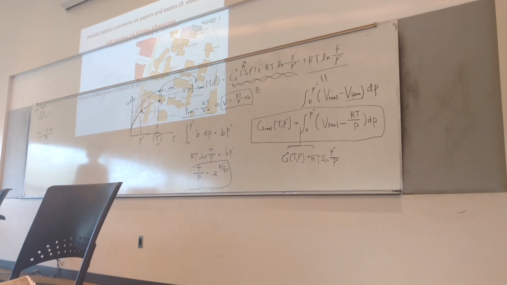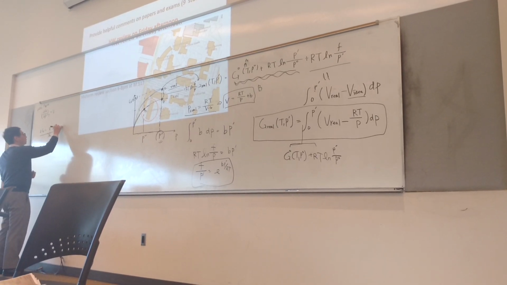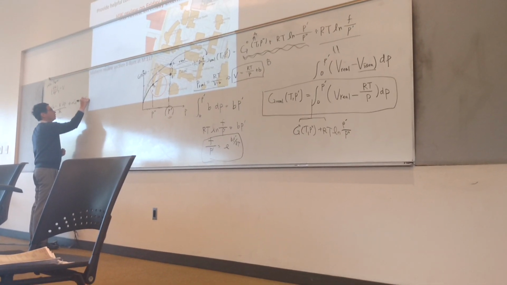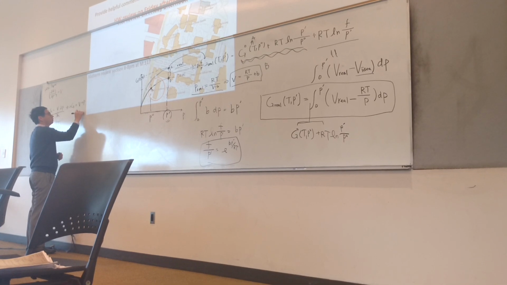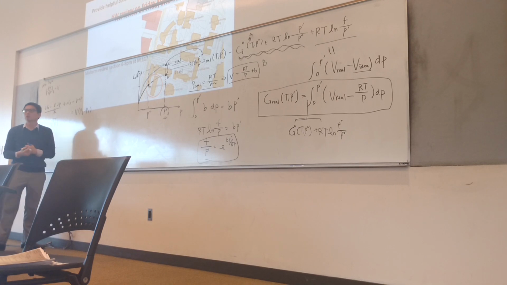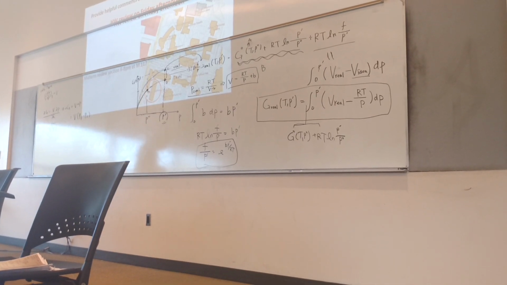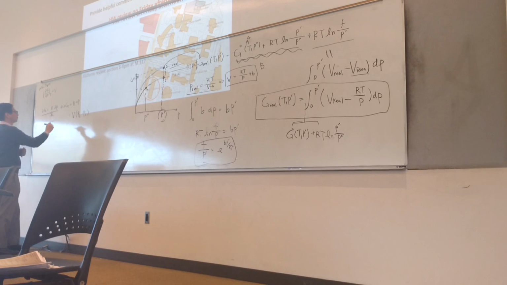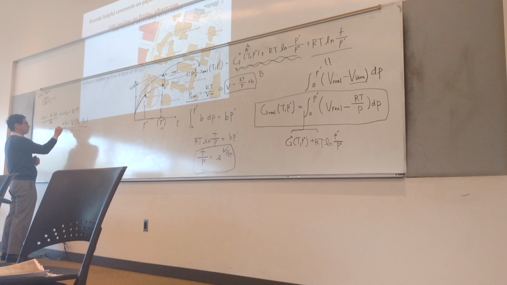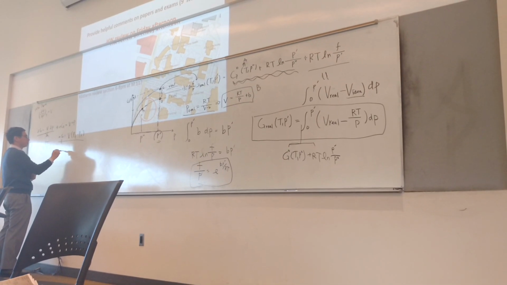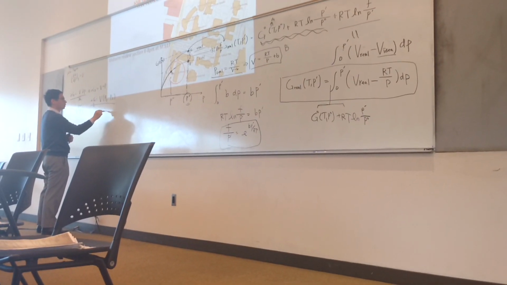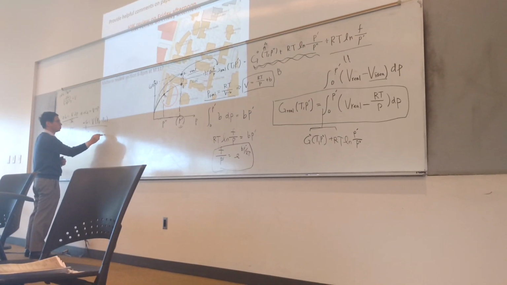So all you have is delta G equals V delta P, equals V times P final minus P initial. Delta G you can consider as G minus G naught, equals V times P final minus P initial.